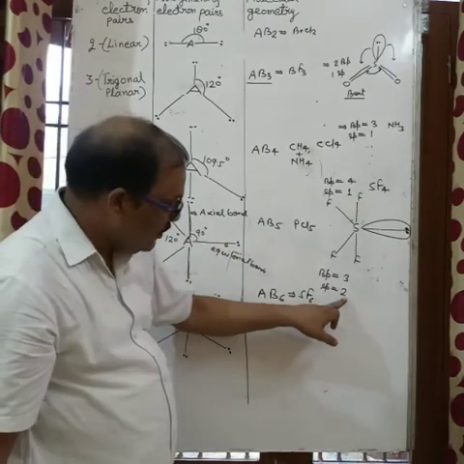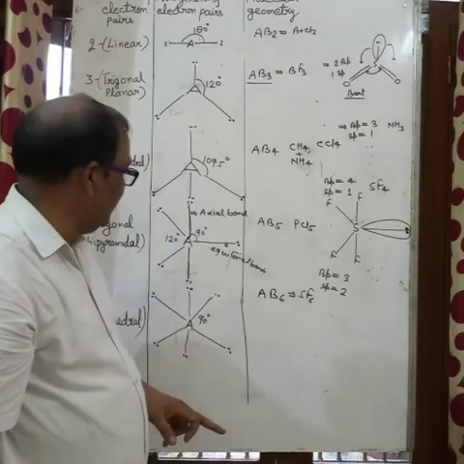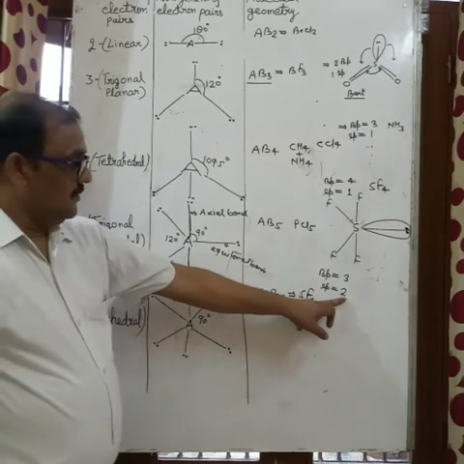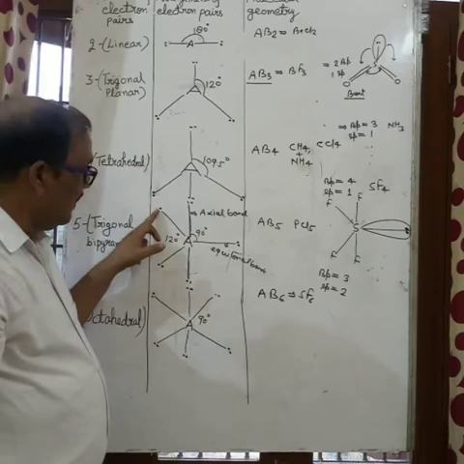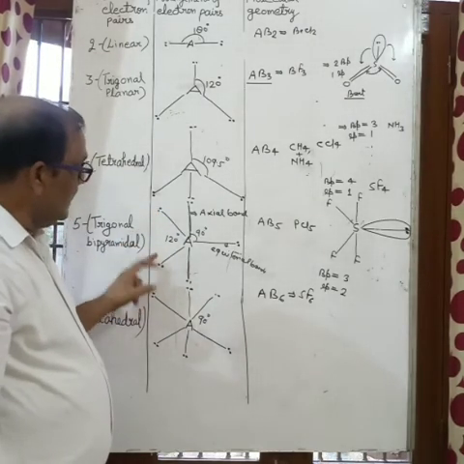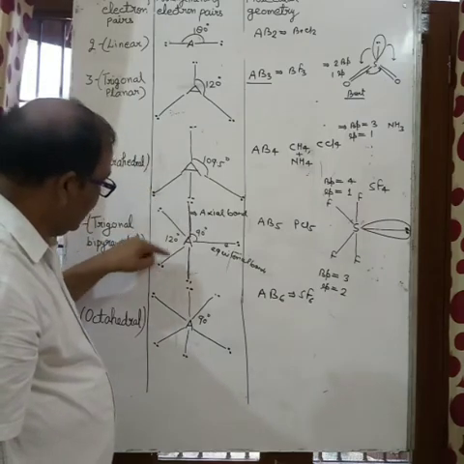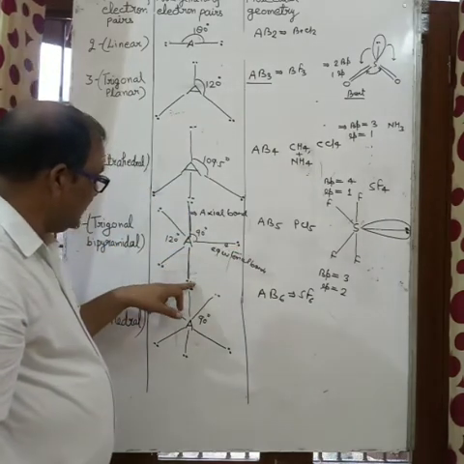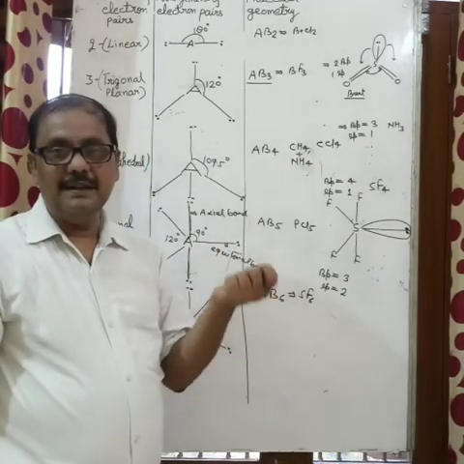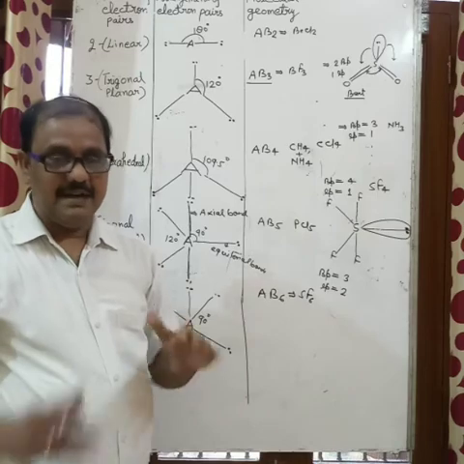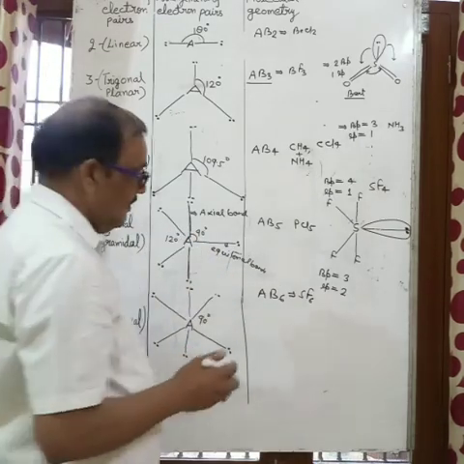But if there are 2 lone pair electrons, it means the lone pair electrons occupy such places where there is a maximum angle, that is 120 degrees. It means these 2 lone pair electrons are at these places and the bond pairs are at these places. So simply the shape of the molecule is T-shaped or bent T-shaped.